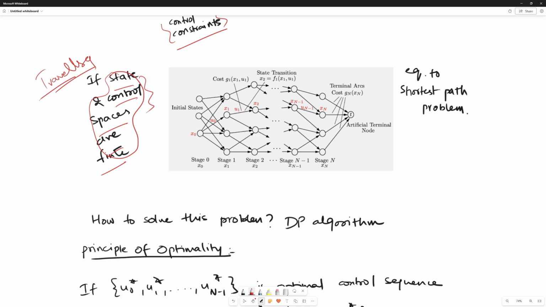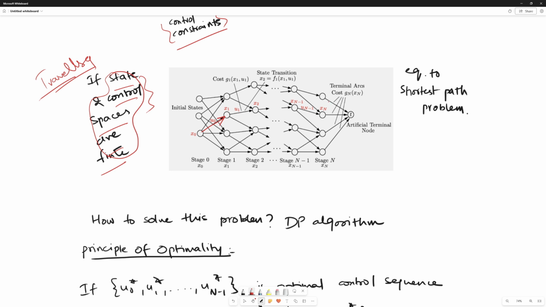So in this graph, the nodes are the states, and any edge represents the transition from one state to the next state, and each edge can have a cost as the length of the edge, correct?